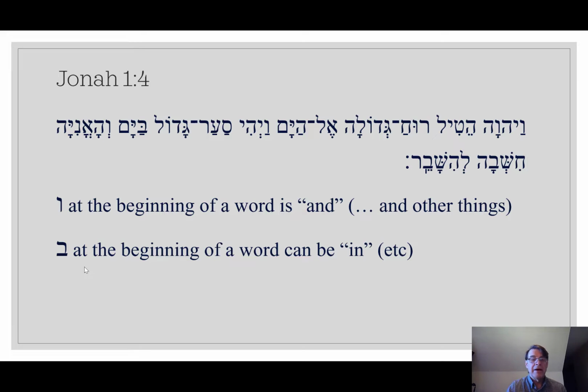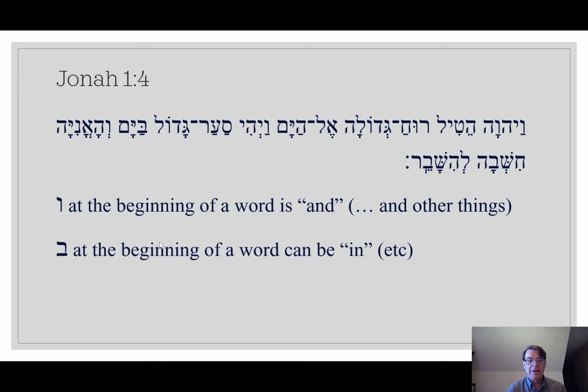But in bayam here, in the sea, that little bayam means in the sea. They're like 3 meaning bits there. And the ba is the in. So a bet at the beginning of a word can mean in. Again, don't tie it down to just the word in. It can mean with, among, so there's a flexibility to ba.